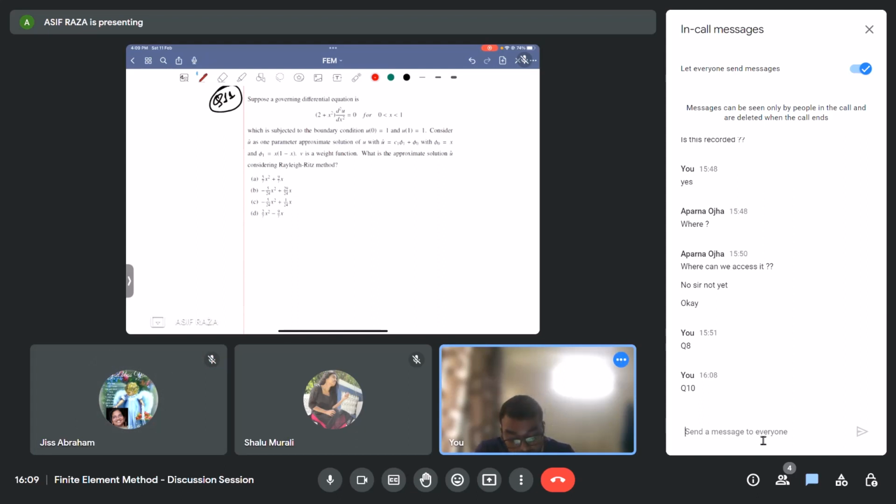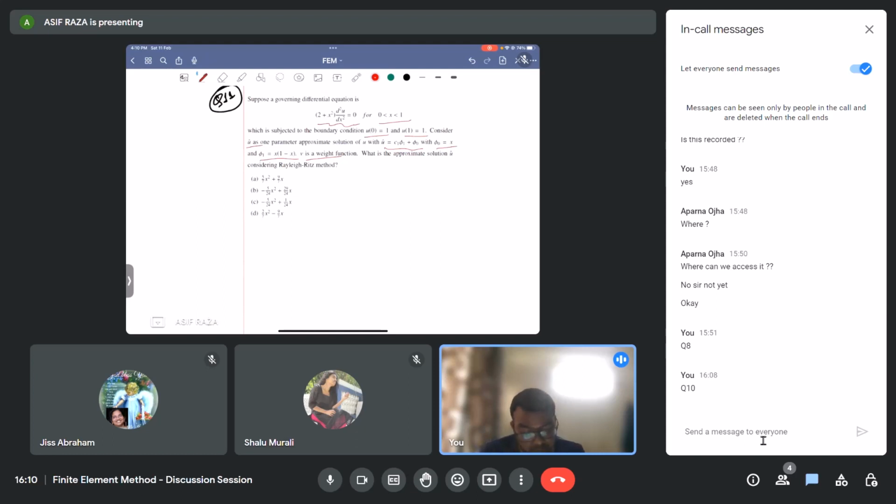The question gives this differential equation, with domain from 0 to 1, subject to the boundary conditions u at 0 equal to 1 and u at 1 equal to 1. Consider u bar as a one-parameter approximate solution of u with phi naught x and phi 1 x as given. Nu is a weight function.